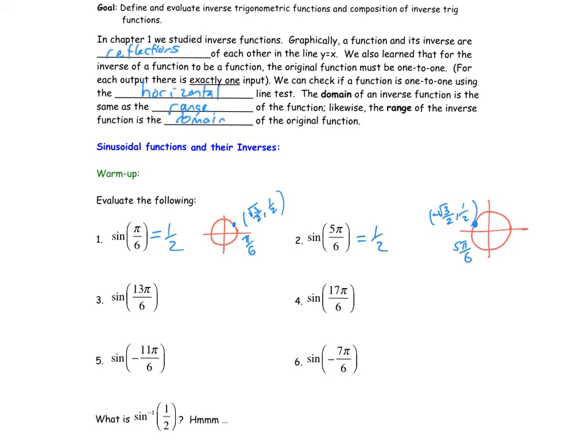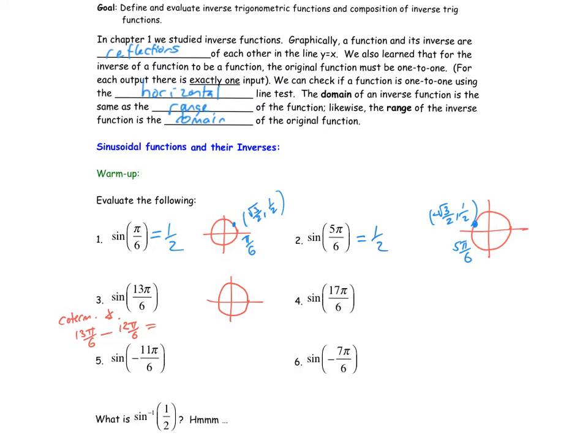Next thing we're going to do is find the sine of 13 pi over 6. That's problem number 3. Well, 13 pi over 6 isn't on our unit circle, so we can find a coterminal angle. The coterminal angle I can find by subtracting 2 pi, or I would write that as 12 pi over 6.